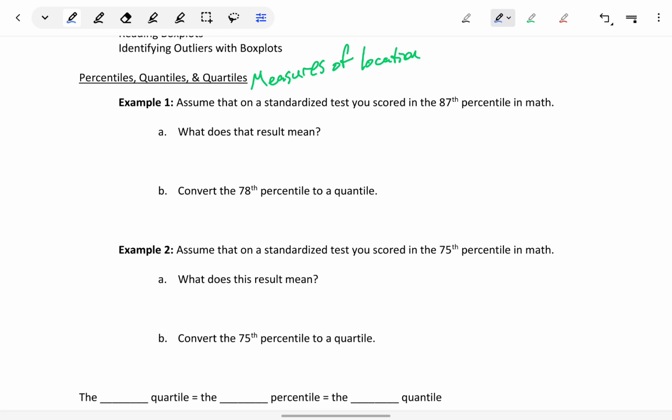Let's consider example 1, where we're told to assume that on a standardized test, you scored in the 87th percentile in math. So part A asks us, what does that result mean? That would mean that you performed better than 87% of all other test takers.